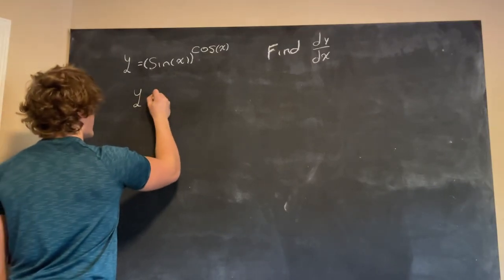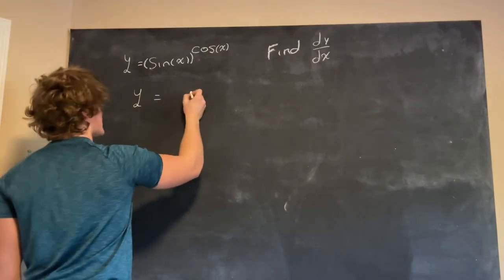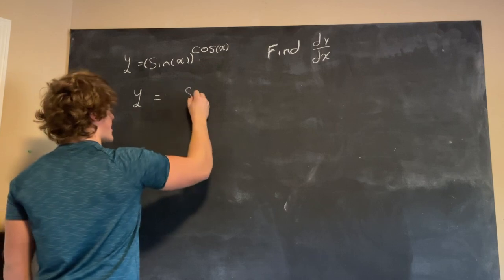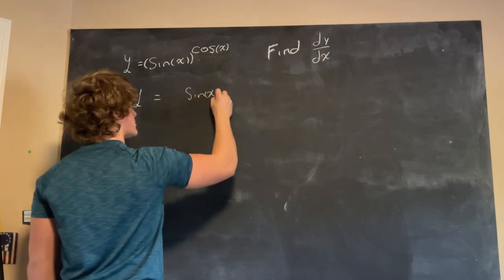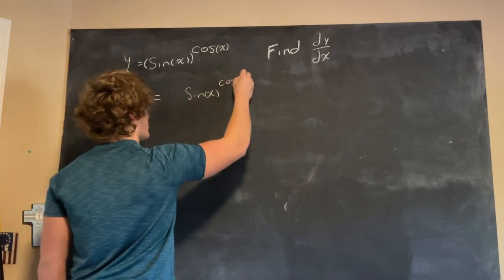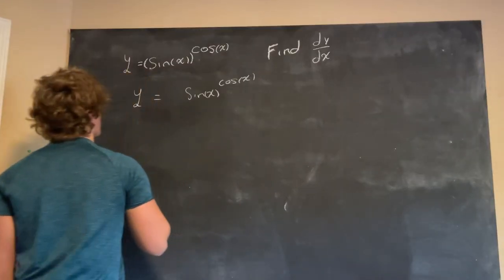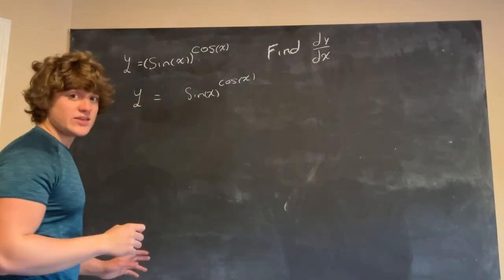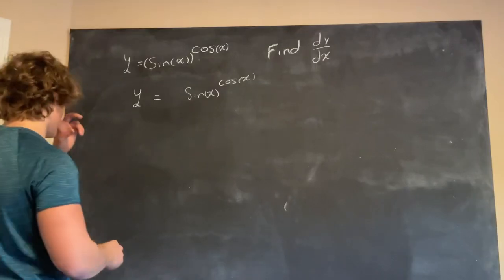So we have y is equal to sine of x to the cosine of x. Now we are going to take the natural log of both sides.